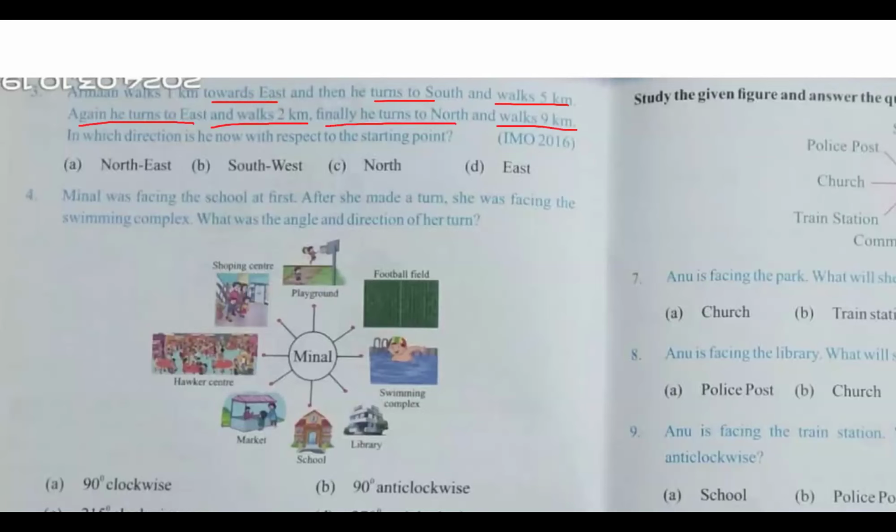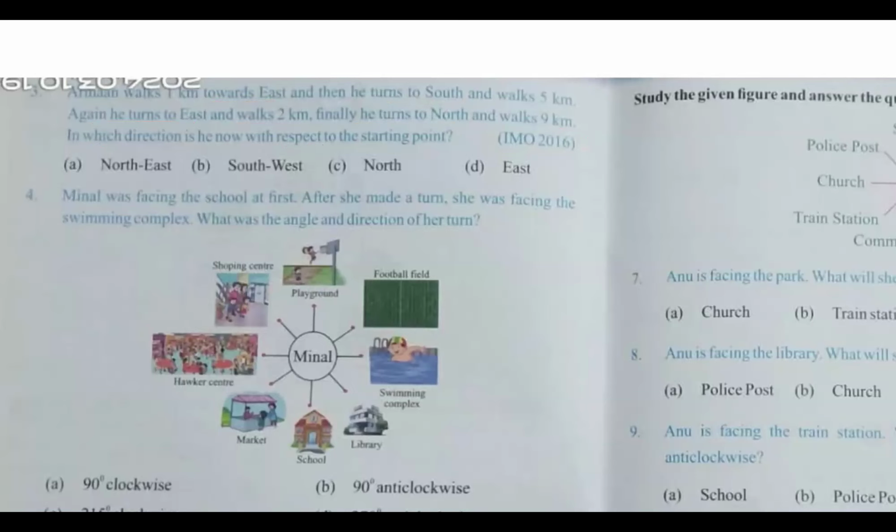Using these instructions we'll make an arrangement. And then at the end we have to tell in which direction he is now with respect to the starting point, the point from where he had started. Have you understood the question first of all? Yes, ma'am.